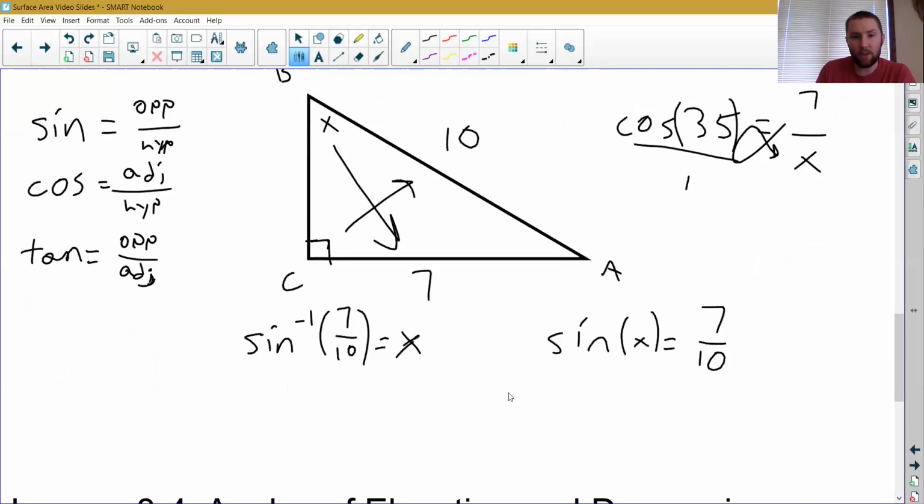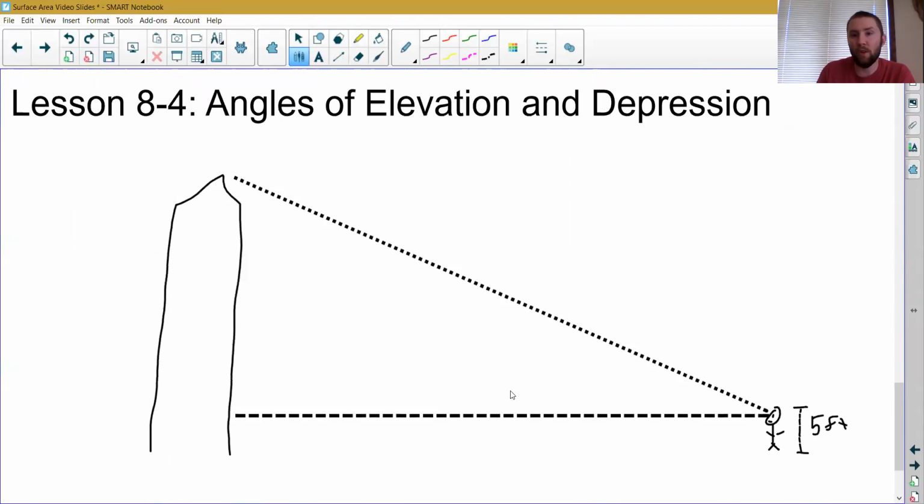And then our last section was about angles of elevation and depression. We basically did word problems here. We talked about angles of elevation being looking up at something, angles of depression being looking down at something.